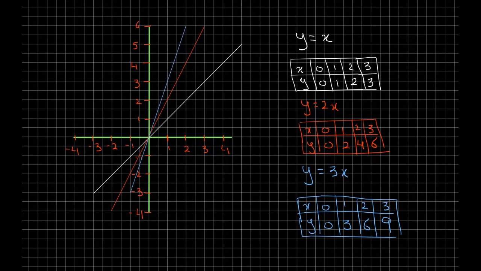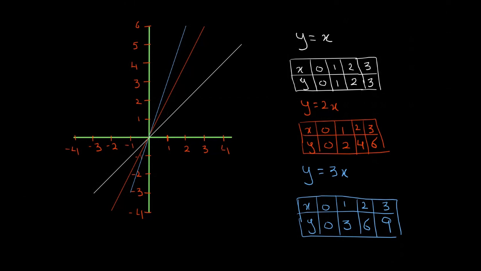Okay, and you can clearly see that as m increases, please note this is the value of m. Here m was just 1, so this is the value of m. Here m was 2, and here m was 3.